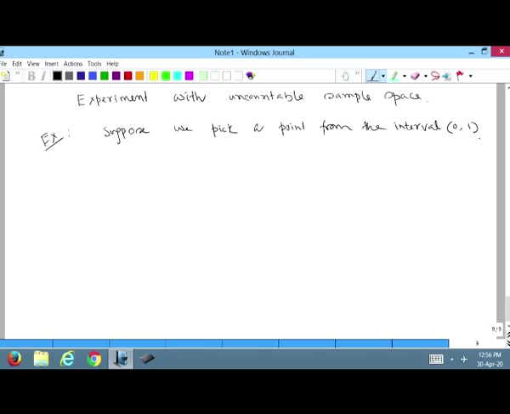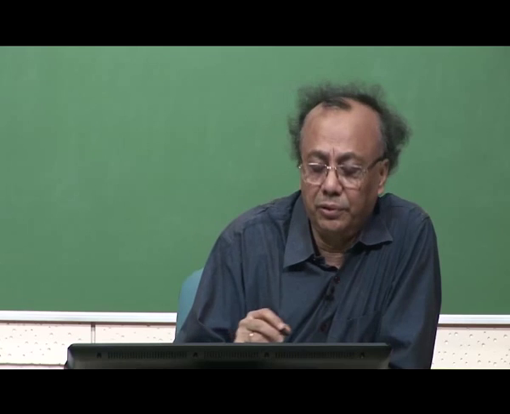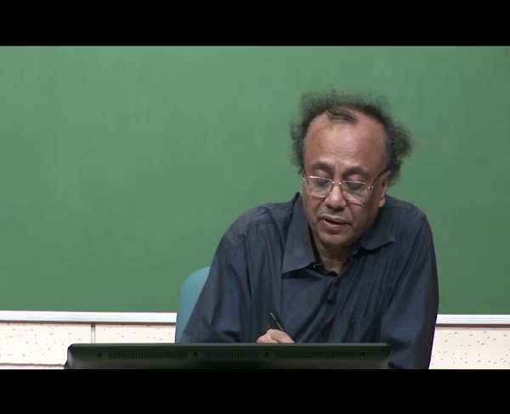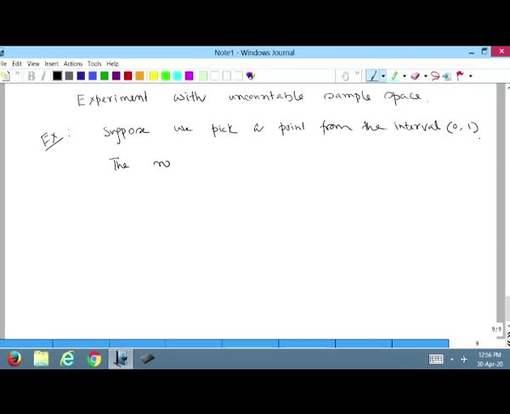That means, we want to pick up a real number in the open interval 0 to 1. How many possible ways of choosing it? The number of possible ways of selection is infinite.